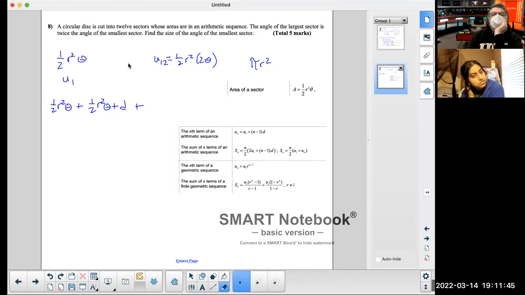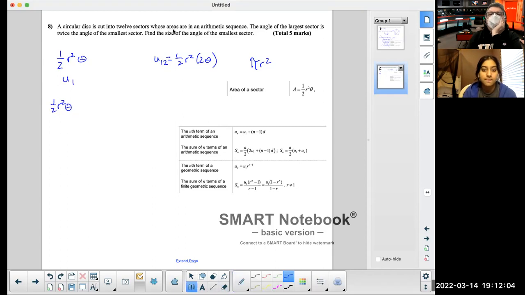No, it's into 12 circles, 12 sectors, right? Oh, I was thinking about the 12th term. Yeah, sorry. So the area increases. Oh, I'm so stupid. We have the first and the last term, don't we?